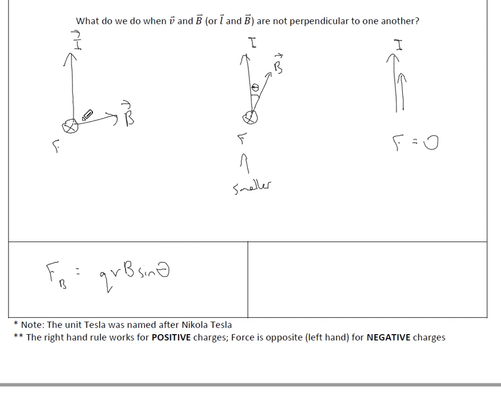In this case, we can see that our sine curve looks something like that. Right here, when they are 90 degrees to each other, sine is at a maximum, so you get a maximum force. Over here, when they're 0 degrees from each other, we get that 0 force. Same if it's 180 or 360.